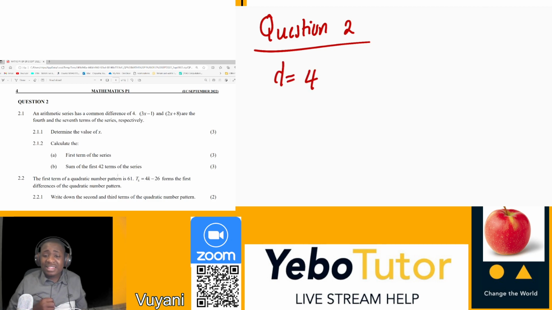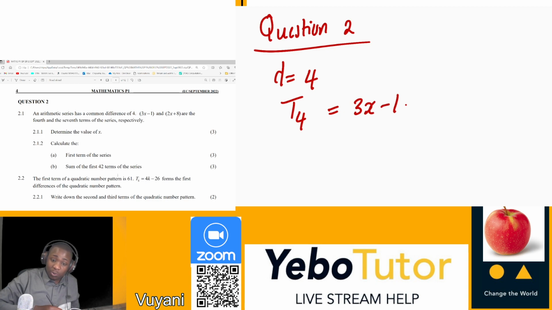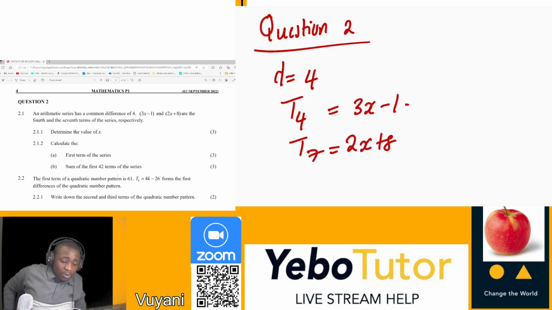Then we are given that 3x minus 1 and 2x plus 8 are the fourth and the seventh terms of the series. So we are also given t4, which is equal to 3x minus 1, and t7, which is equal to 2x plus 8. Then the question goes: determine the value of x.